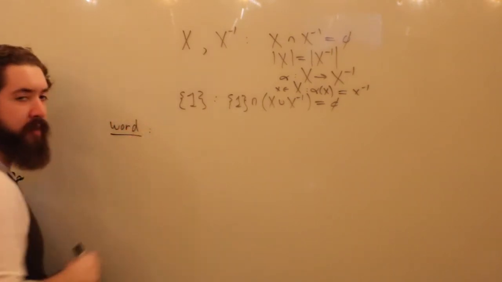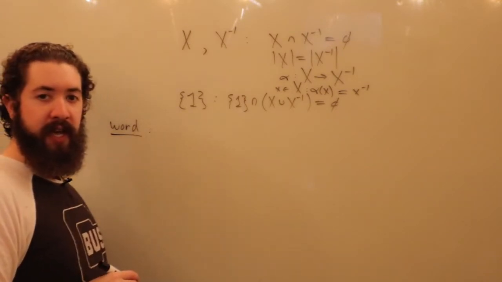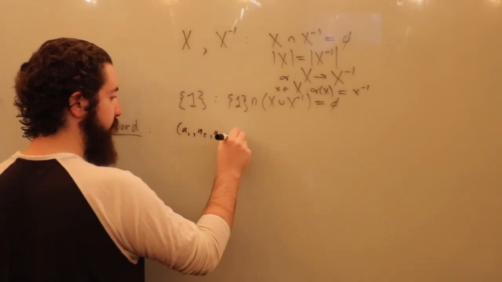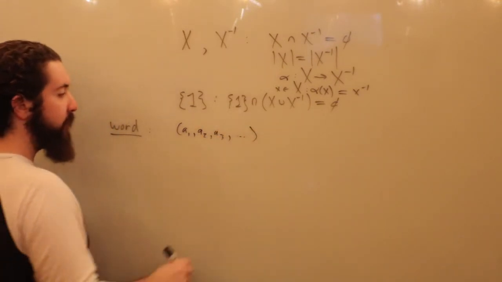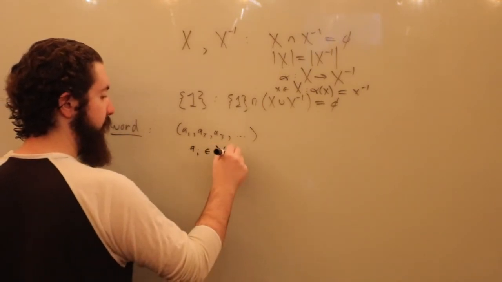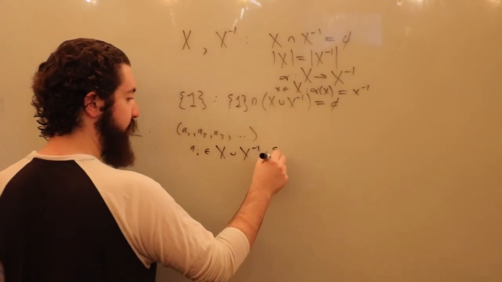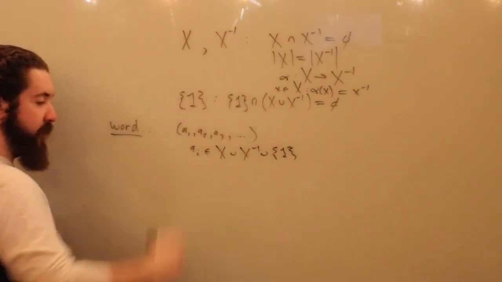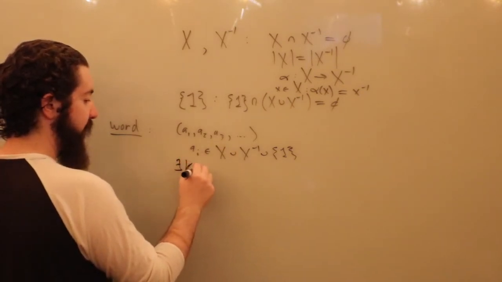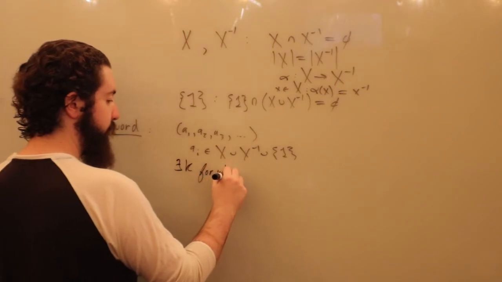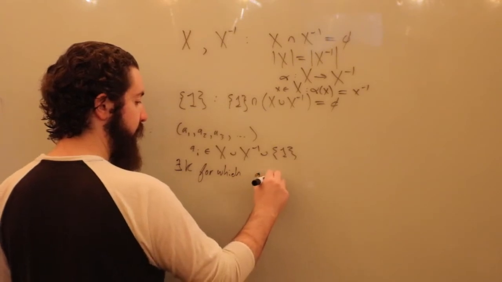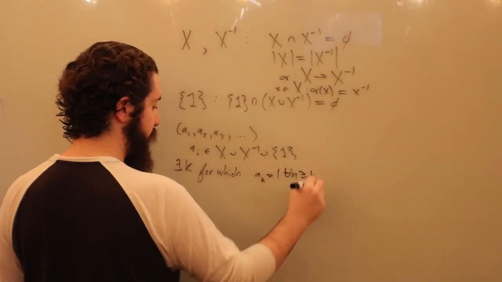All right, now that we have these three sets, we are going to define a word on X. A word is simply going to be an infinite sequence of elements A1, A2, A3, etc., such that each A sub i is in the union of those three sets we constructed up here, and such that there exists some k for which A sub n is equal to 1 for all n greater than or equal to k.